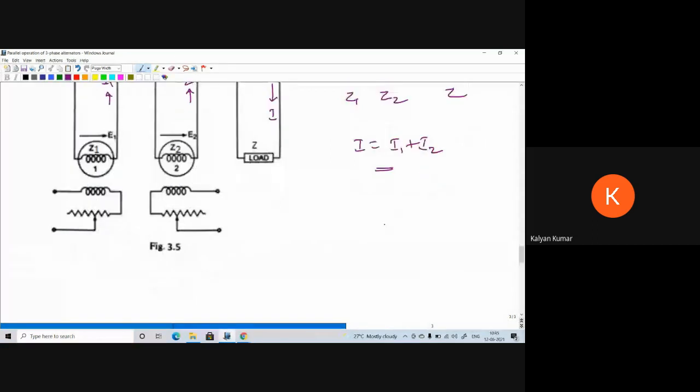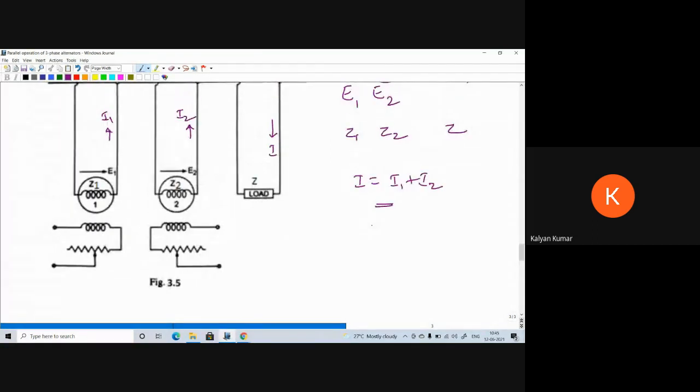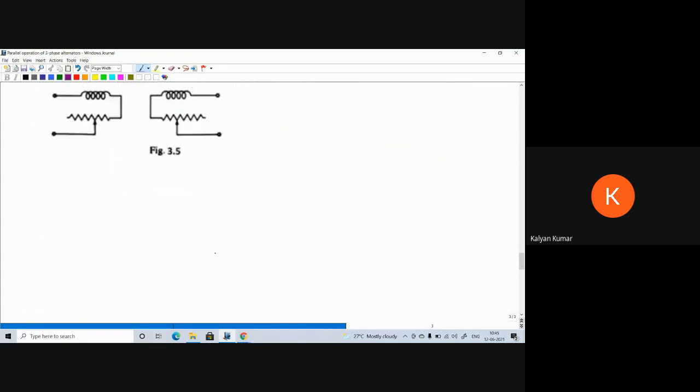alternators. Now if you write the voltage equation for the first alternator, alternator 1, E1 equal to induced EMF equal to V plus drops I1 Z1, voltage drop.